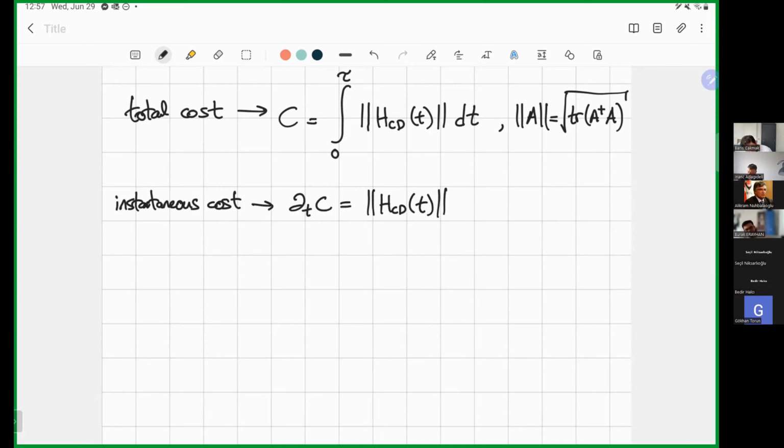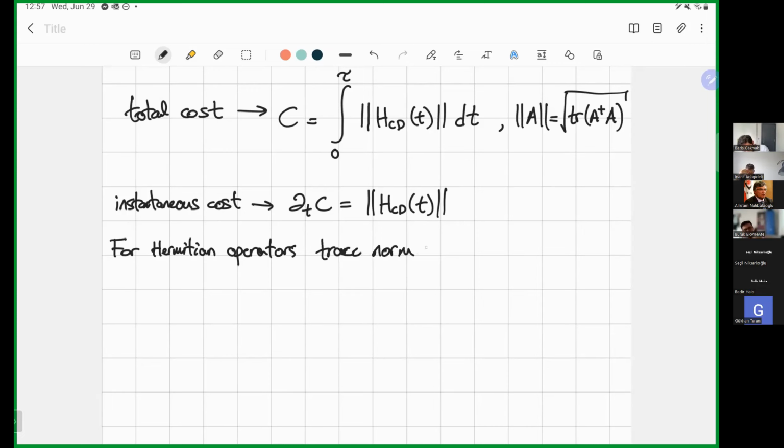By the way, let me write this here. For Hermitian operators, this norm is the trace norm. Maybe let me write the name for future reference.